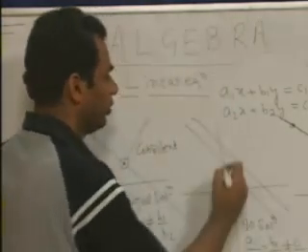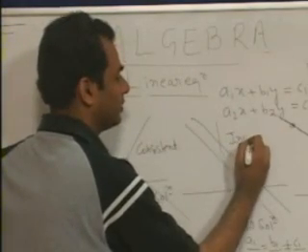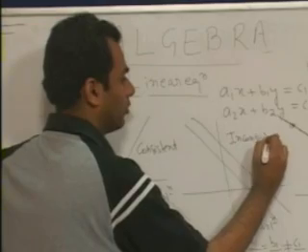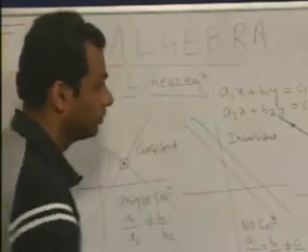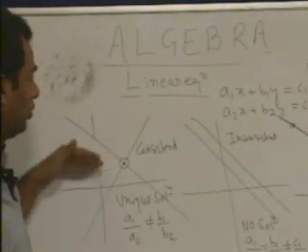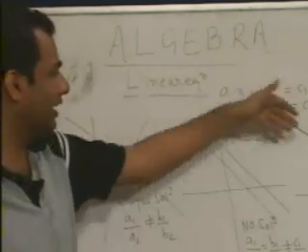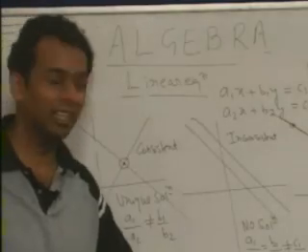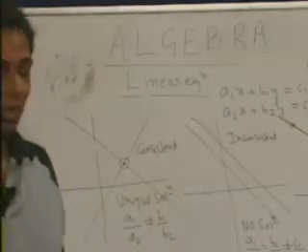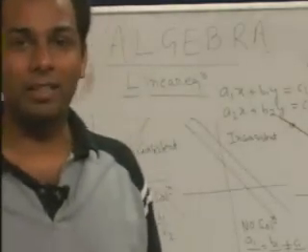And the case of no solution is inconsistent. Okay. So this is about the linear equations, the three different important conditions for the solutions to be consistent, inconsistent, unique, no solution and the infinite solution.